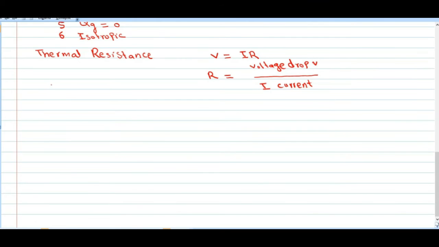Fourier's law states that Q, heat flow, is equal to minus kA dT over dx, or Q is equal to minus dT over dx divided by kA.